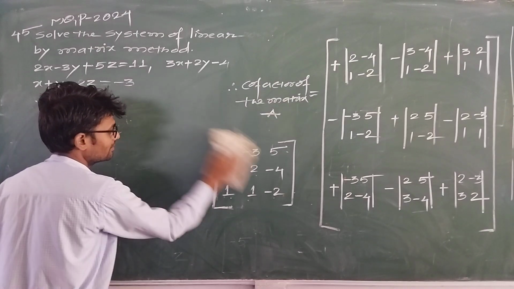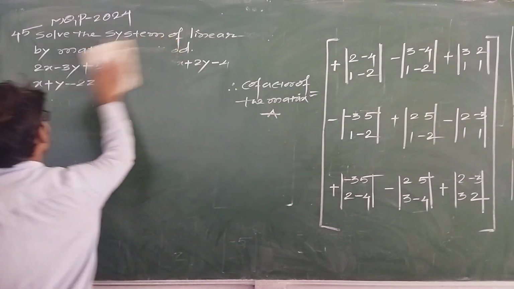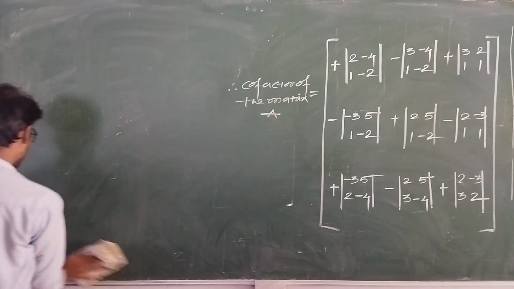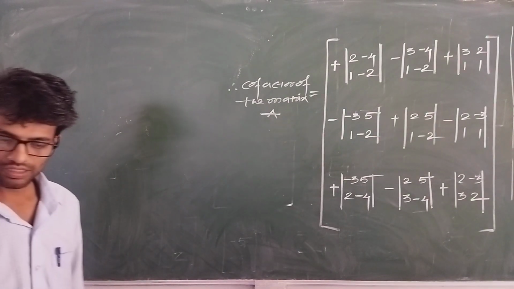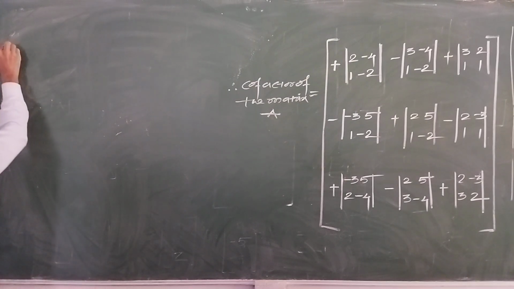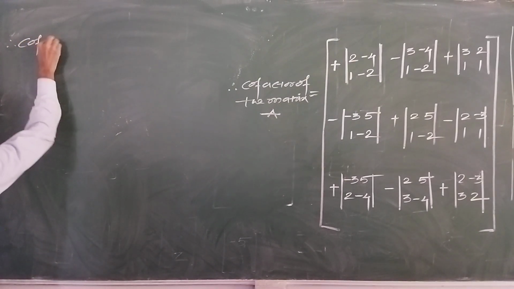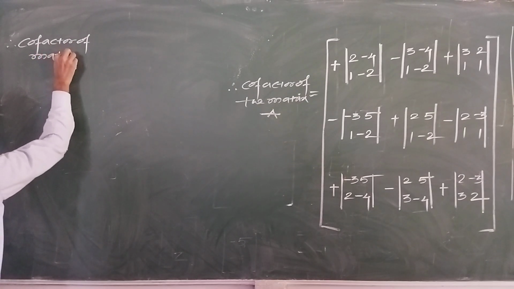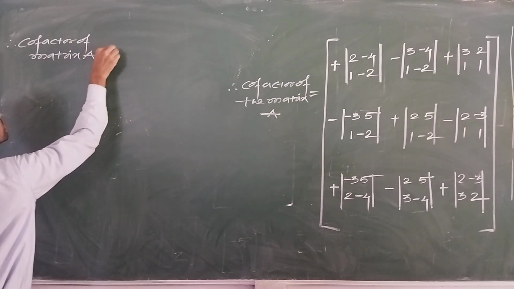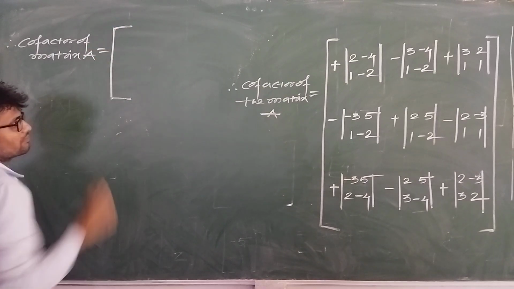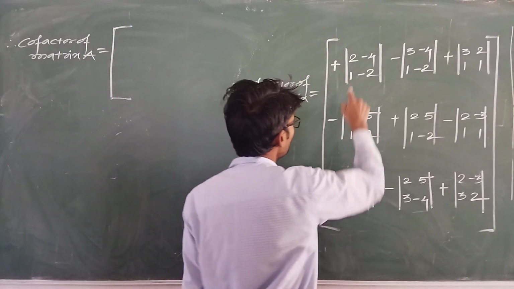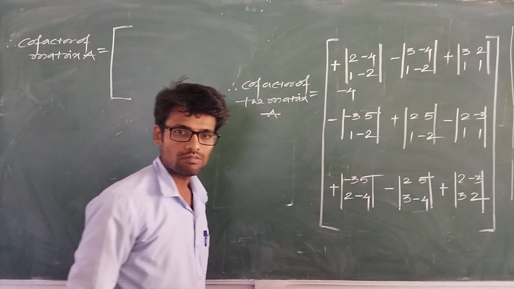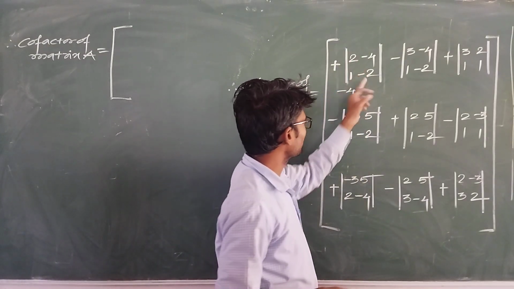So now I go for further calculation. Therefore, the cofactor of matrix A is equal to: you are having 2 into minus 2, minus 4.